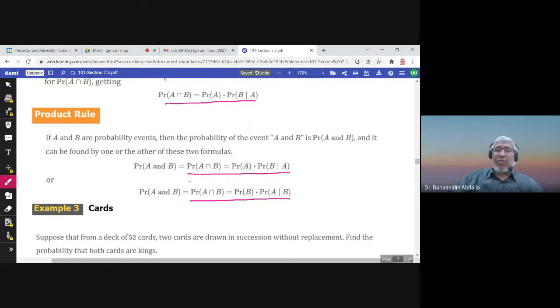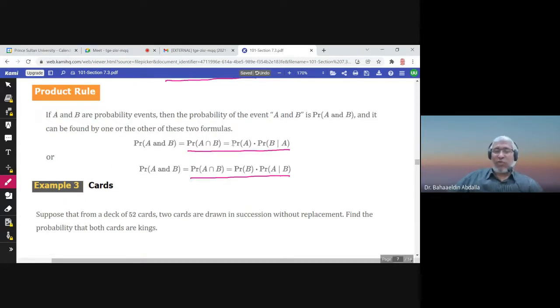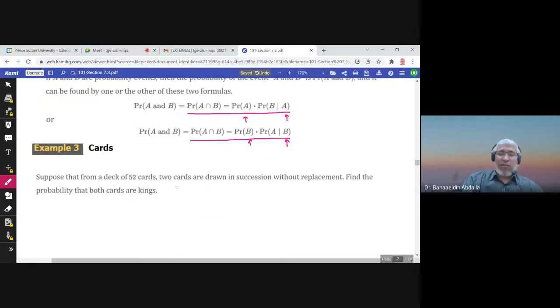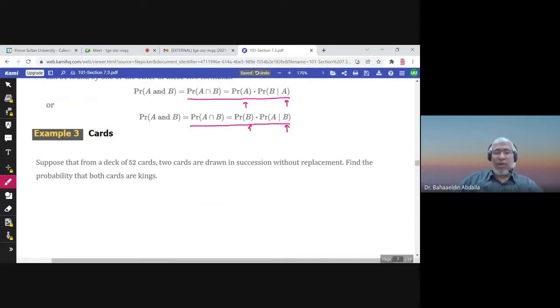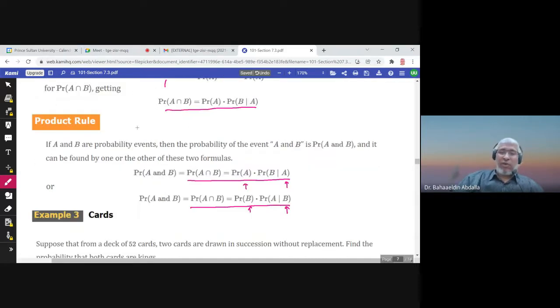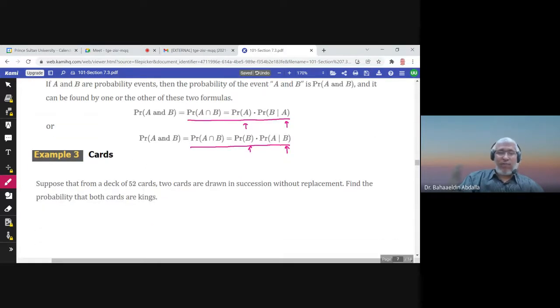You can write probability of A intersection B equals probability of A times, but then it has to be B given A, or you start with B and then you have to multiply by A given B. So what you start with here would be the condition here, okay? This is to help you remember the formula. So this is the general formula for the intersection. And because we are multiplying, we call it the product rule.